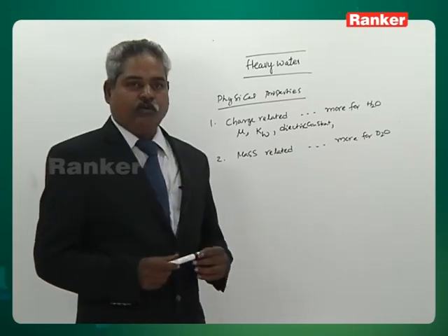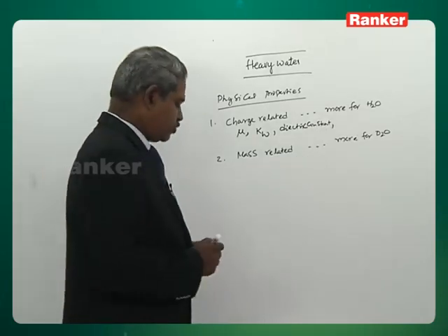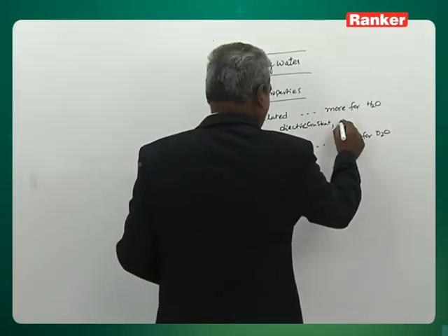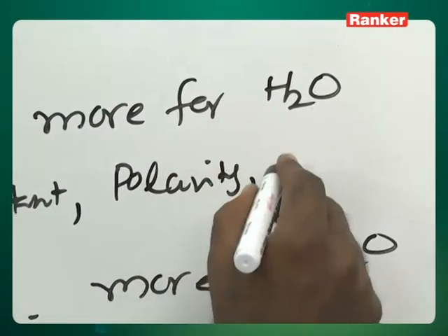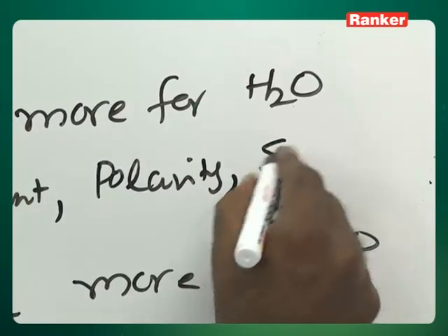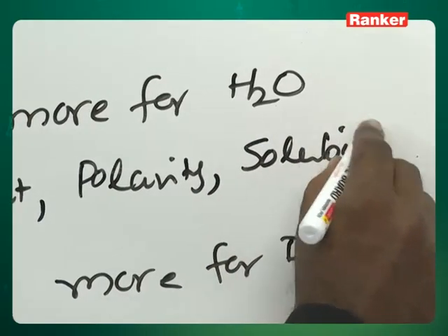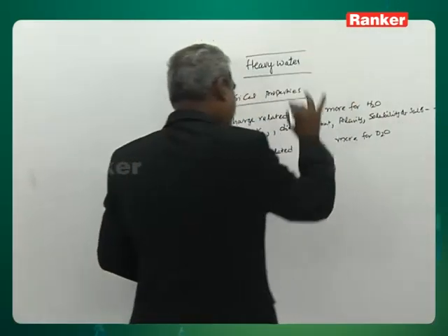Dielectric constant is more for H2O. And salts are more soluble in H2O. Solubility is once again charge related, polar. So polarity, solubility of salts, solubility of substances, all these are more for H2O.